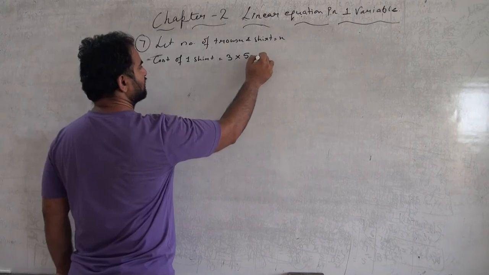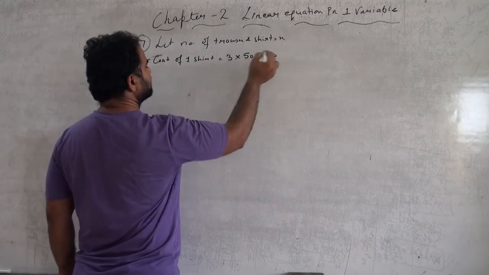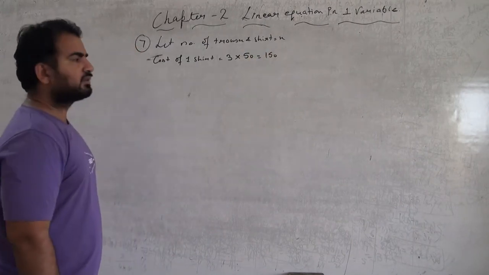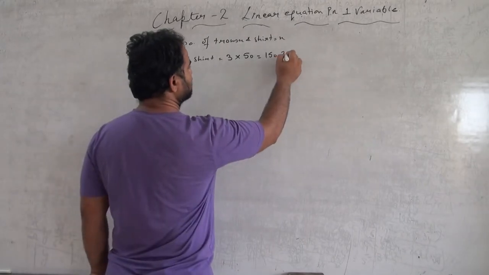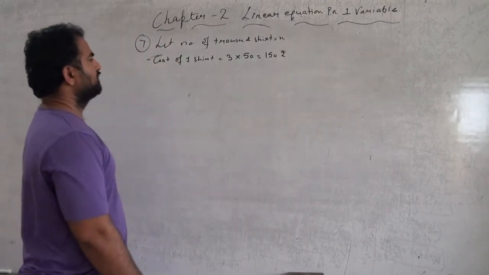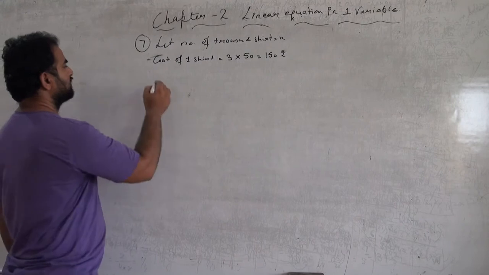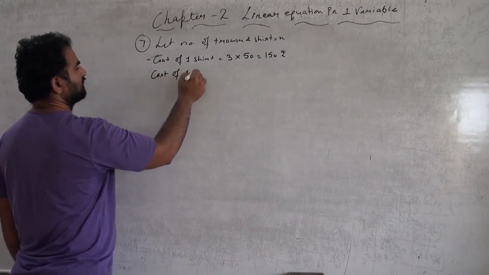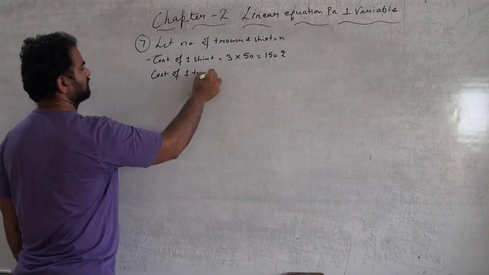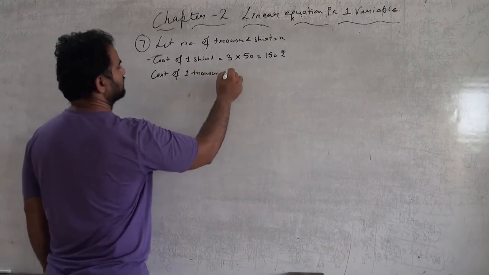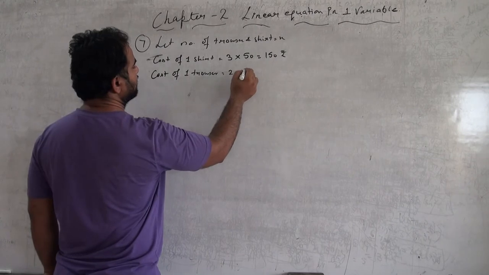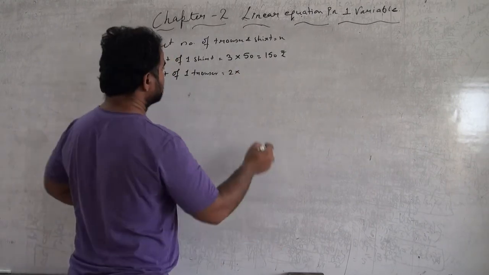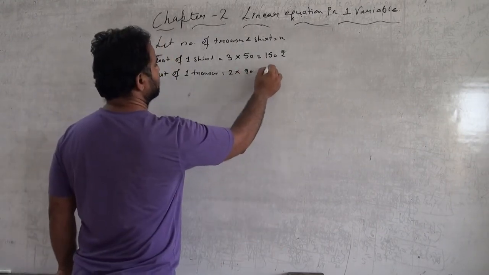So it will be 150 rupees for one shirt. Cost of one trouser equals to 2 meter and each meter cost 90 rupees. So it will be 180 rupees.